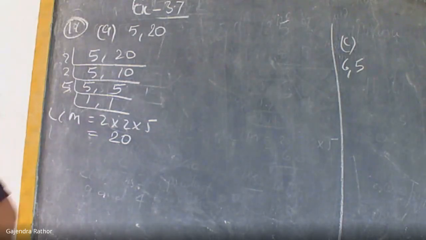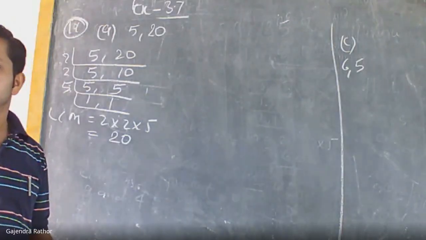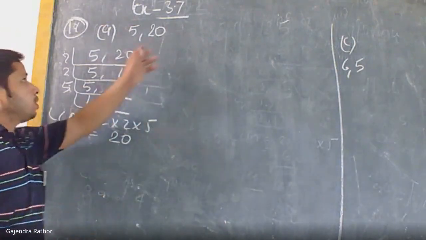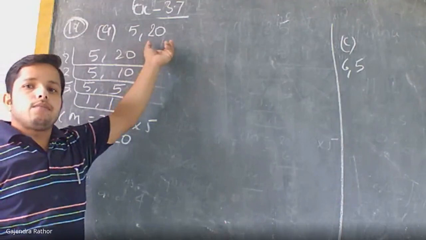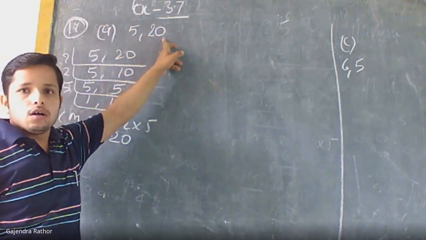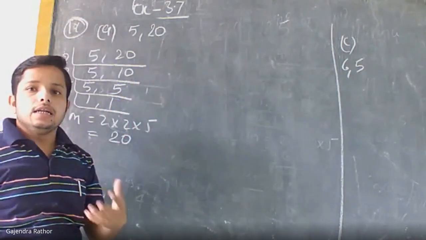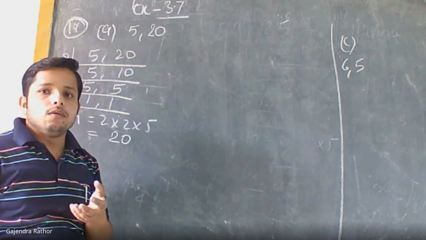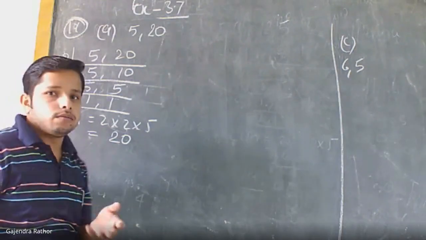Now, let's see what is the common property. We know it's already given: one number is a factor of the second number. So 5 is a factor of 20. So in such cases, the LCM will always be the greater number.